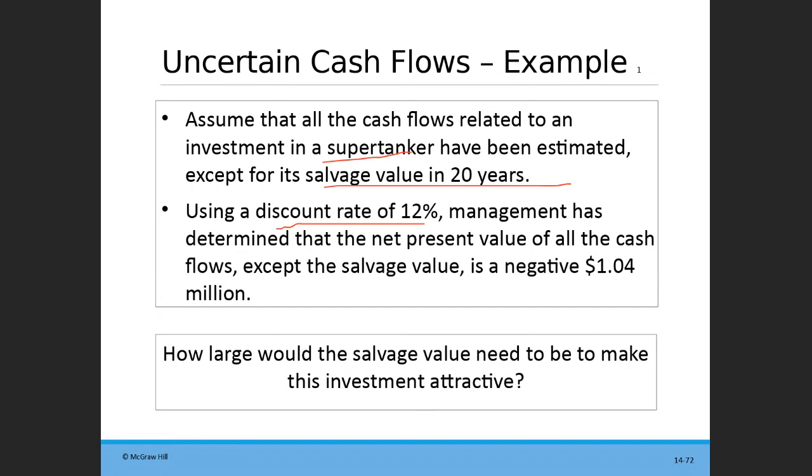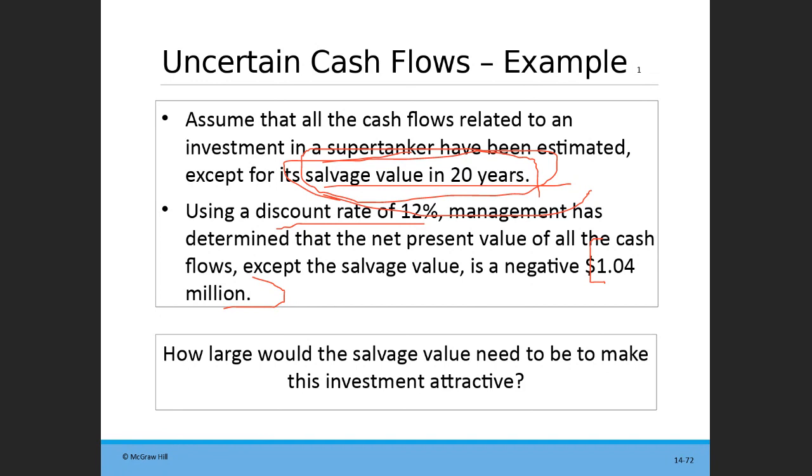So the present value is negative 1.04 million, right about $1 million negative cash flow. But we haven't figured in what a super tanker is worth 20 years from now. I mean, there's a lot of steel in one of those things, right?